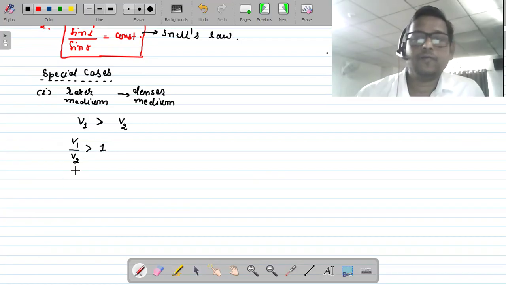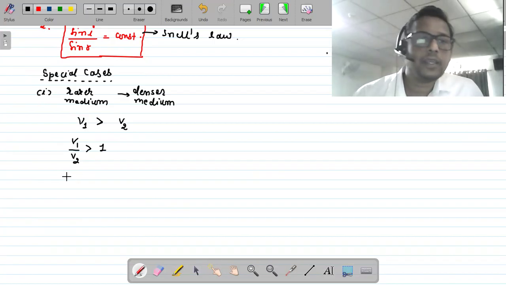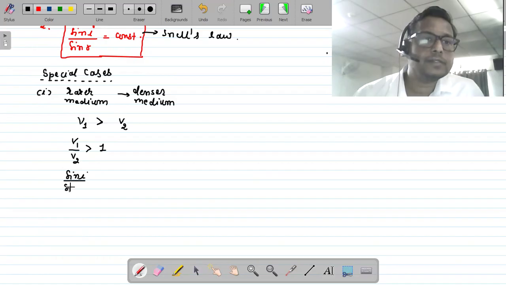From the relative refractive index, sin I divided by sin R is greater than 1. From here, sin I is greater than sin R, or I is greater than R.